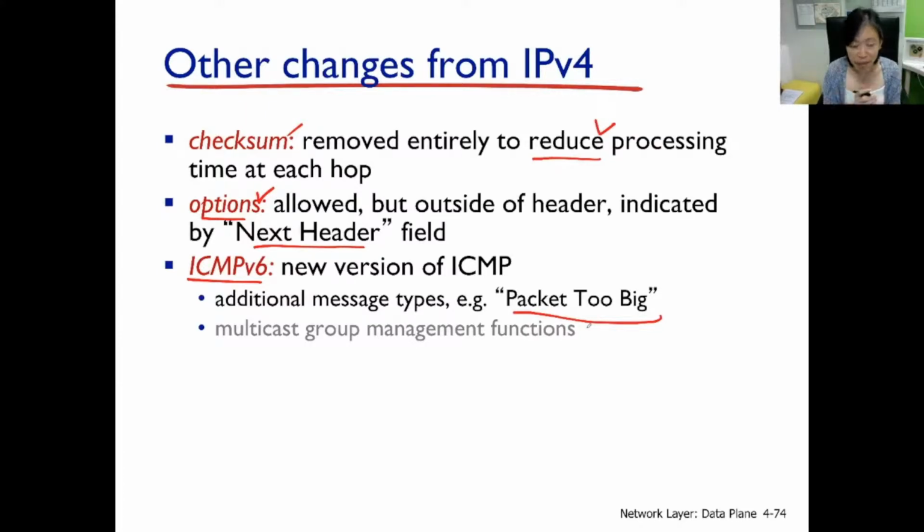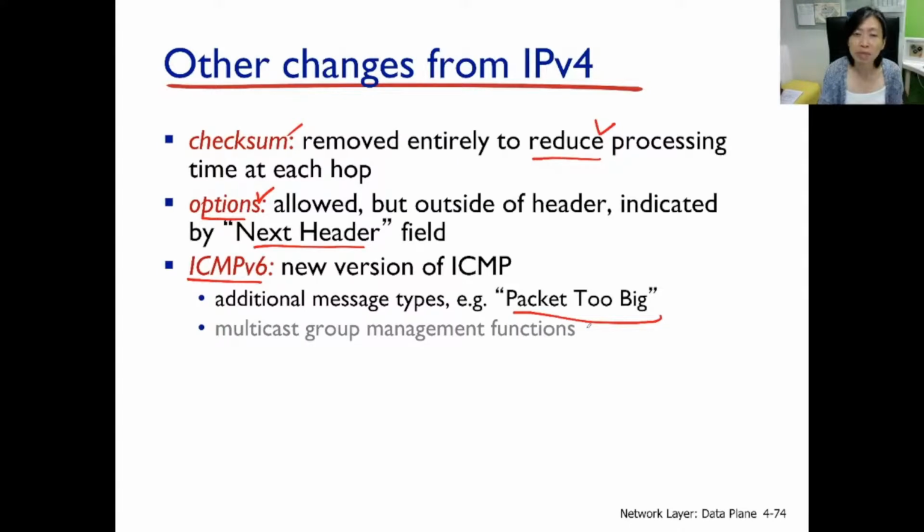Allow me to elaborate. Now we don't have fragmentation and reassembly, but the fact that some of the links on the internet have a smaller MTU is still there. So what if a big datagram comes to a router and the next link has a smaller MTU, but we cannot fragment this datagram anymore? What can the router do?